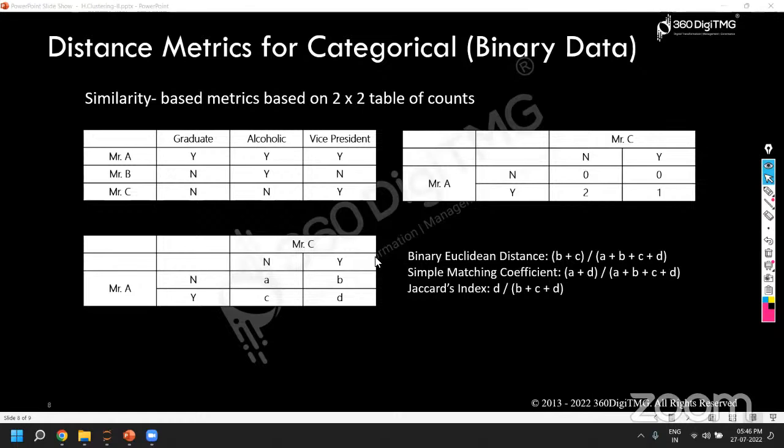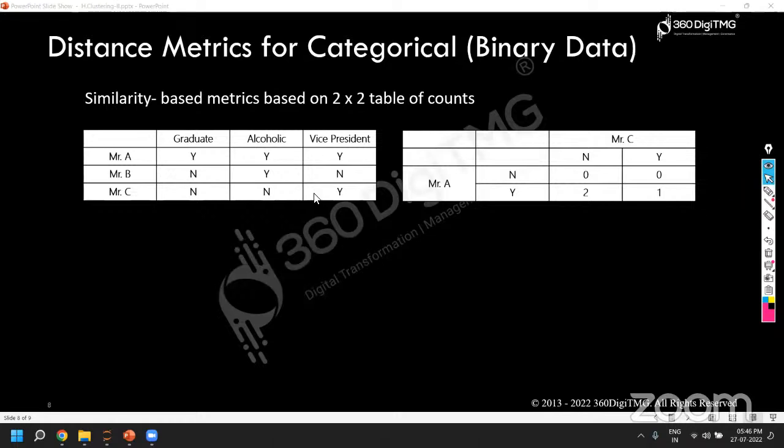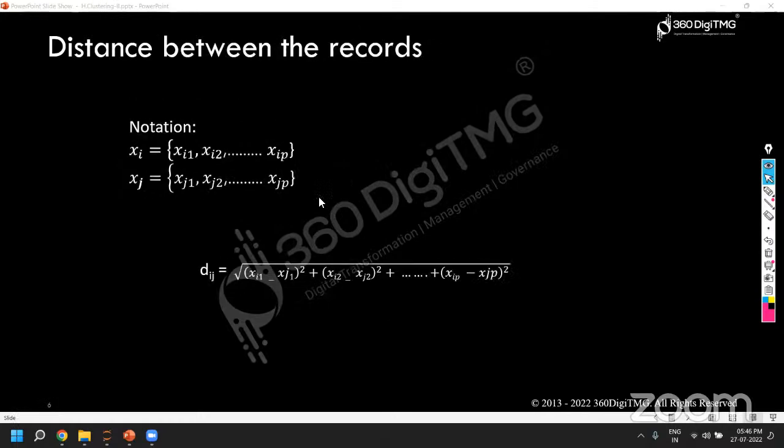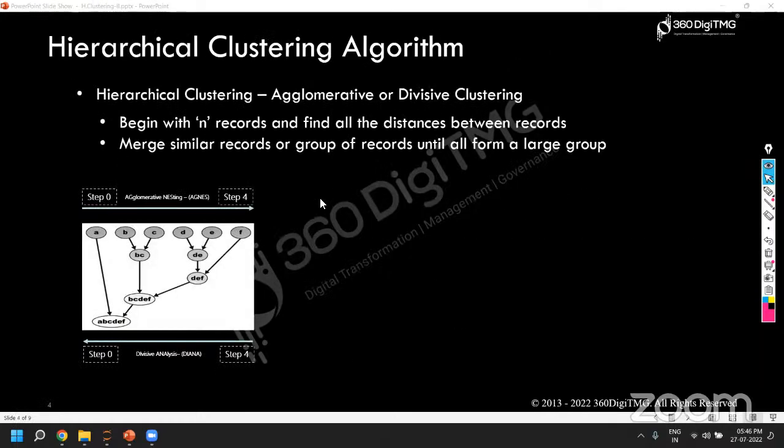Numeric fields can simply be handled using the calculations that we discussed, and we measure the distances there. For non-numeric data, we can use this logic and then map all the distances. Ultimately, we are going to get something like this.